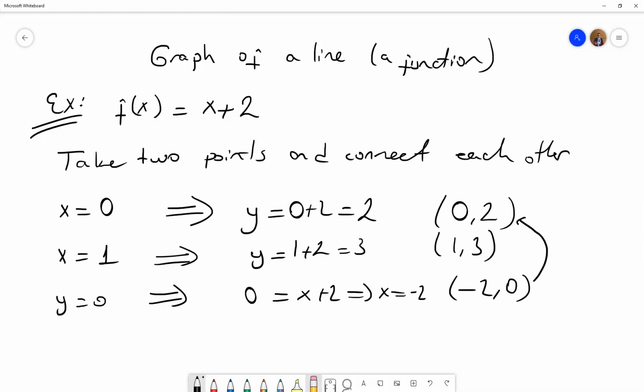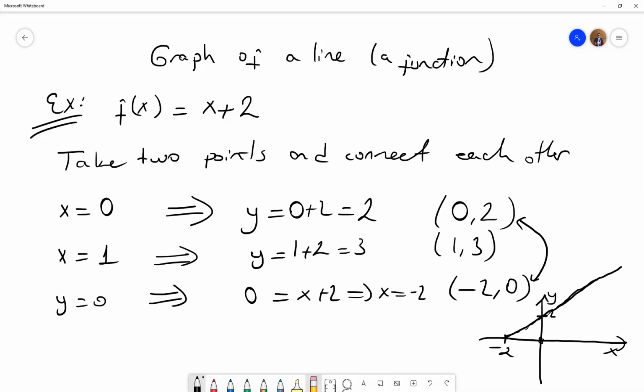You may use these 2 points or whatever you want, and if you draw the line, this is x and y, and here minus 2, pardon, and 2 is here, that is, we have a line like that.